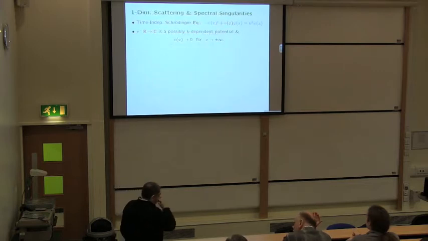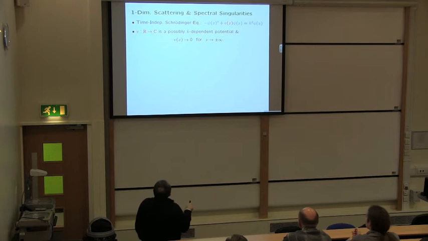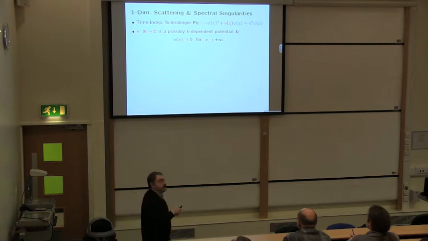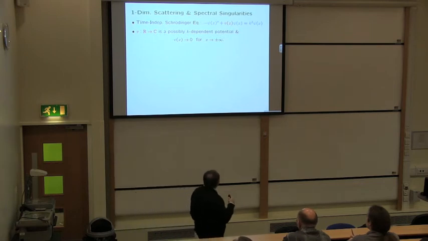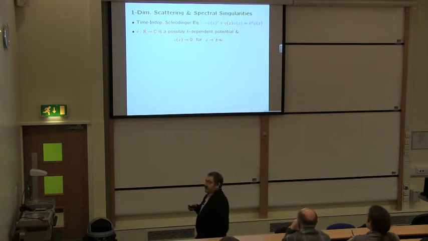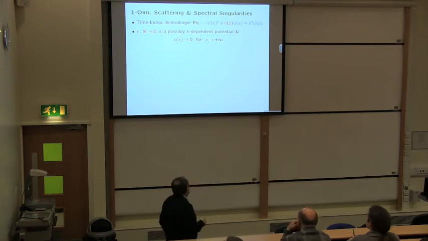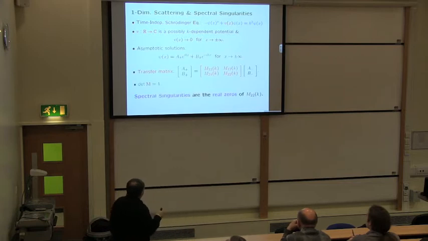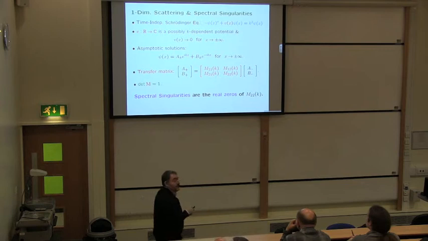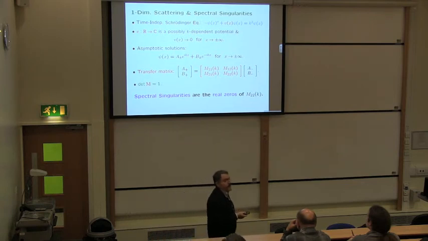So let's review scattering theory. Suppose you have a scattering potential, which means it can be complex valued. It can even depend on energy, very general, but I want it to vanish fast enough at infinities. For example, if it's finite range, that will do. Asymptotically, the potential vanishes, so the solutions of the equation are just plane waves, but the coefficients at plus or minus infinity don't need to be the same.